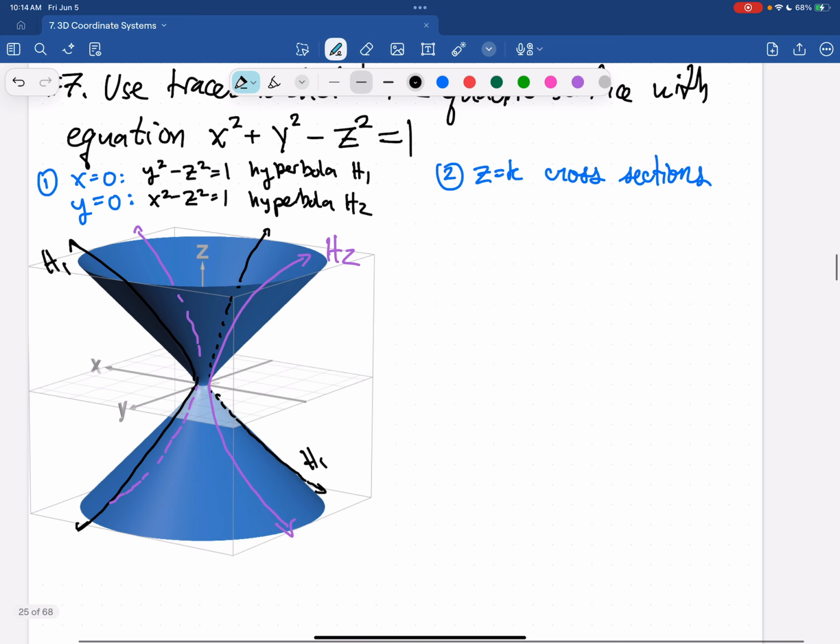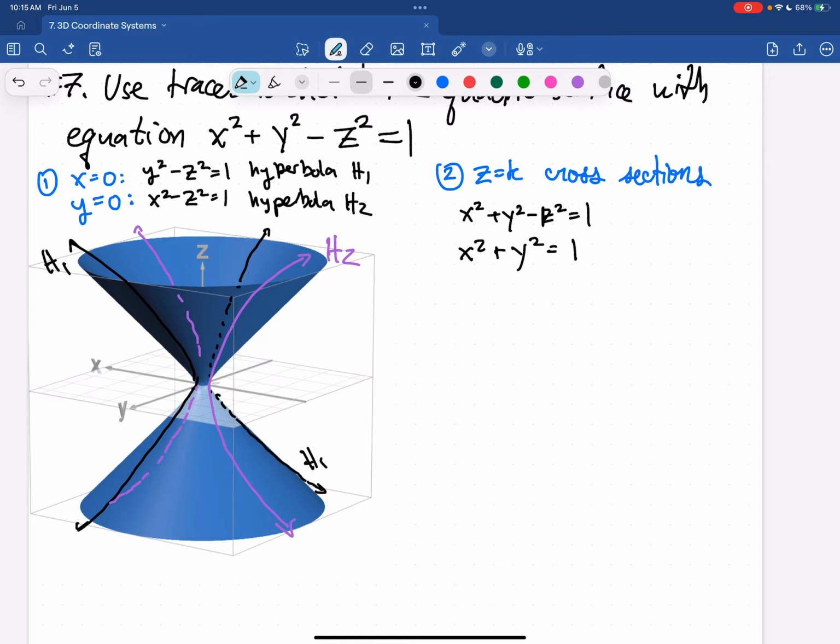Just setting z is equal to k as before, we get x squared plus y squared minus z squared is equal to 1. So here we have something that I'm going to just rearrange. So it's like x squared plus y squared is equal to 1.